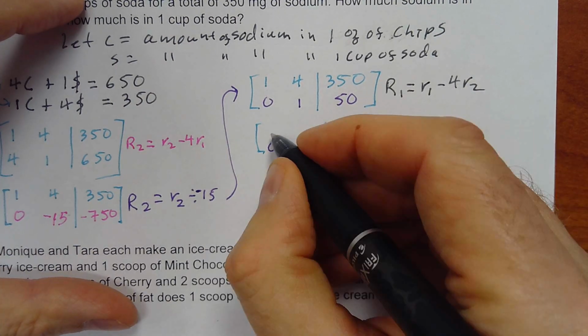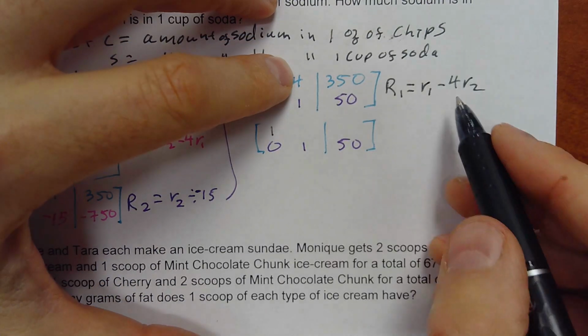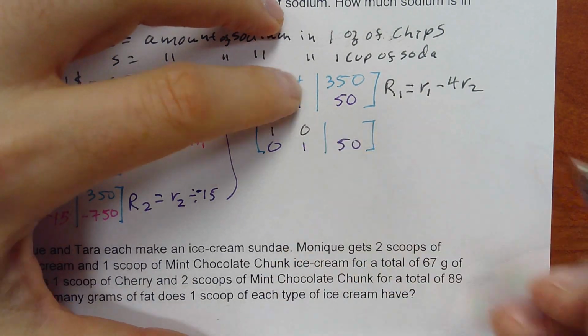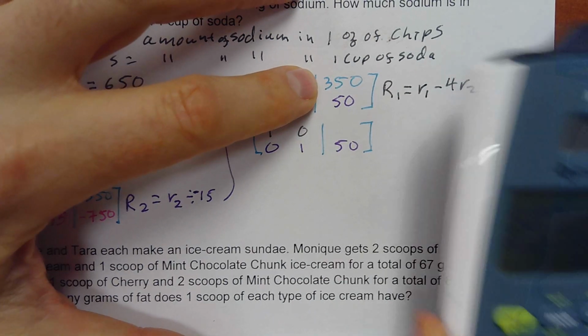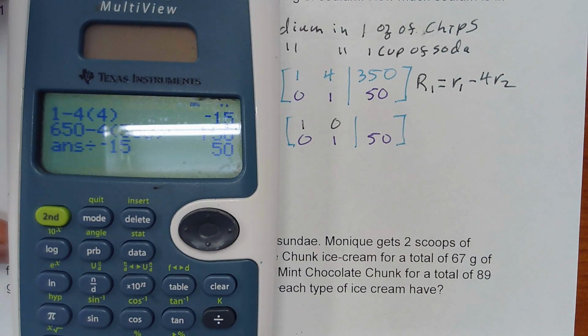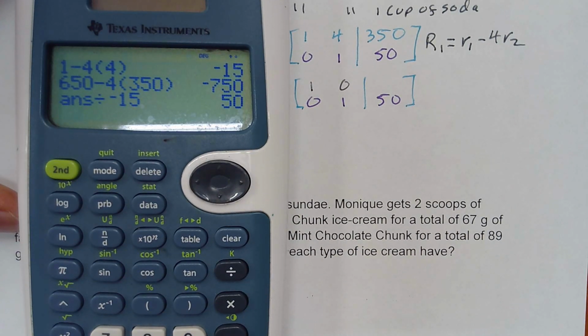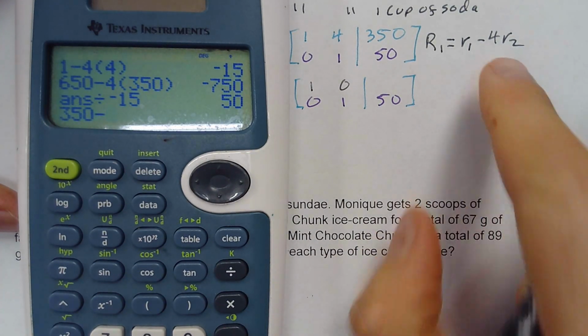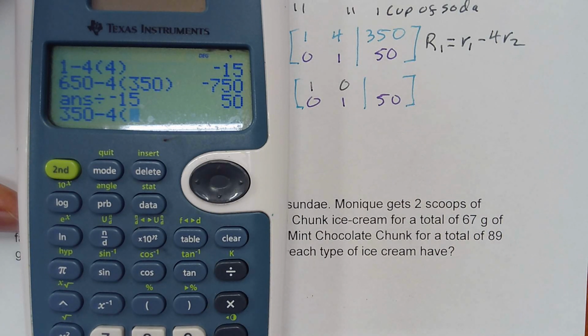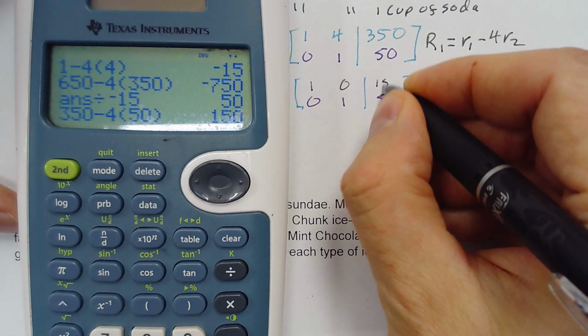So 1 minus 0 is 1. 4 minus 4 is 0. And now we're going to take, and let's do it on the calculator here, 350 minus 4 times 50. That's 150.